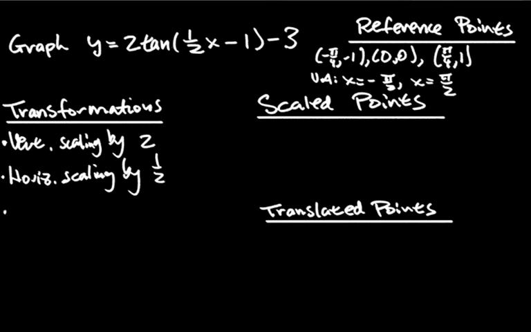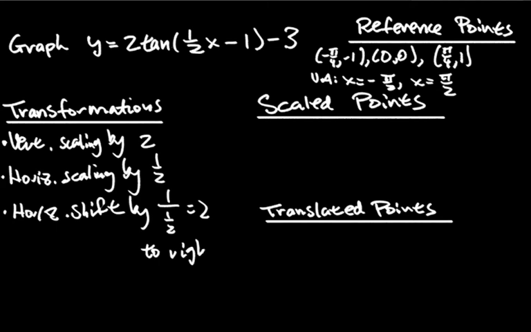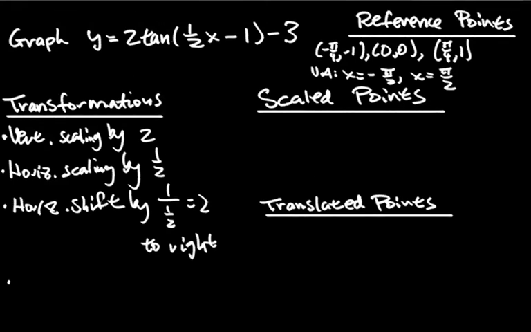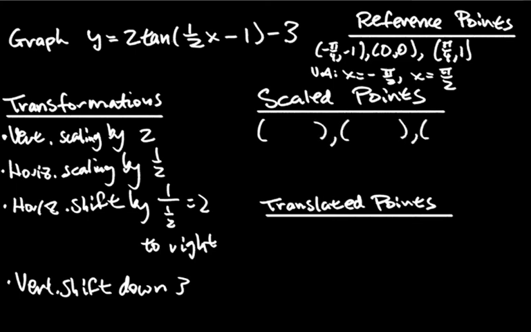And then we have a horizontal shift by 1/(1/2), so by 2 to the right. And then we have a vertical shift down 3 units. So let's get those reference points, and in this case also asymptotes.